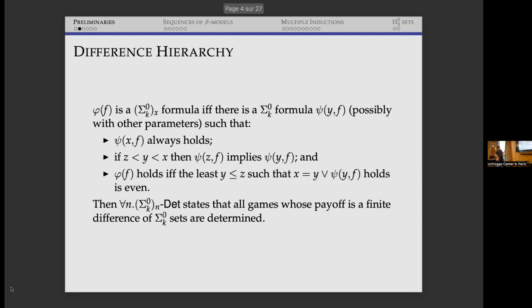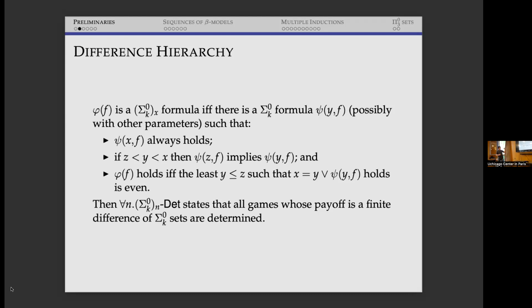So, okay, we're going to think about the difference hierarchy. The idea is the same as Montalban said yesterday. We're going to think of mostly Boolean combinations of sigma 01 sets or sigma 02 sets. As we want to put the for all inside the determinacy axiom, we have to formalize the definition.